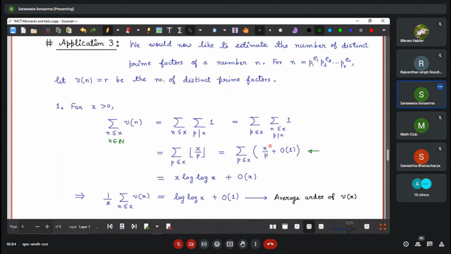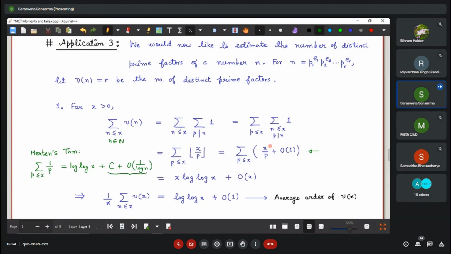And there's this theorem which I believe you all know: the summation of 1 over p, over primes p less than x, is log log x plus some constant c plus little o of 1 over log x, and it doesn't matter.